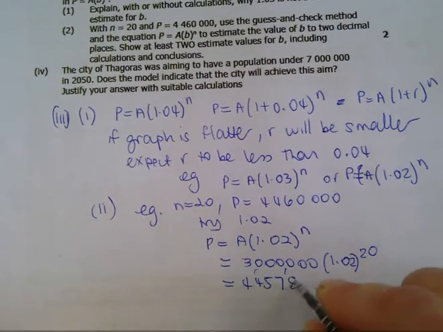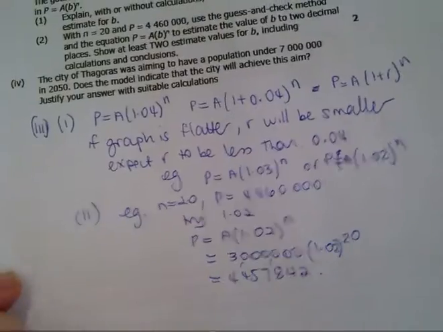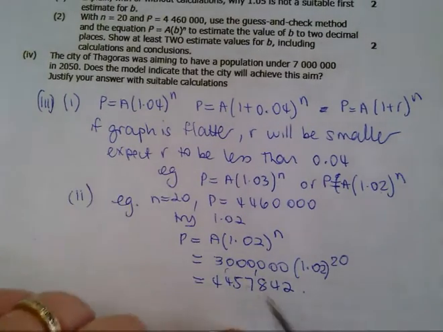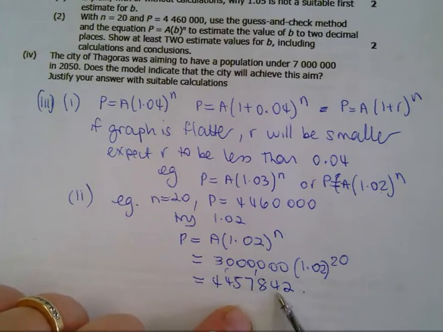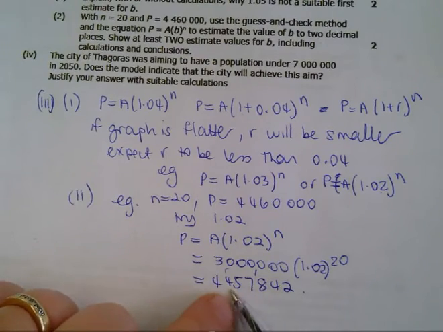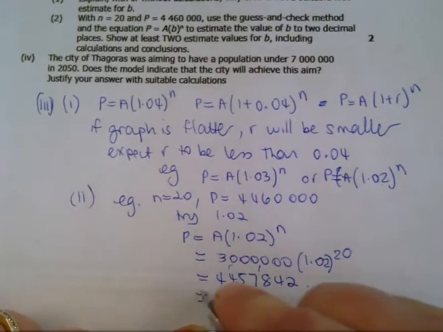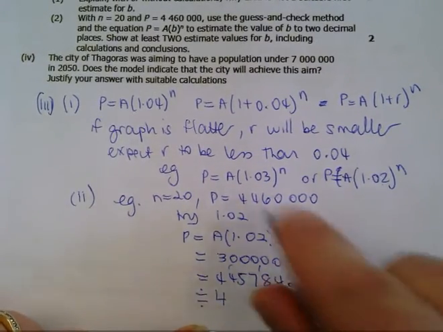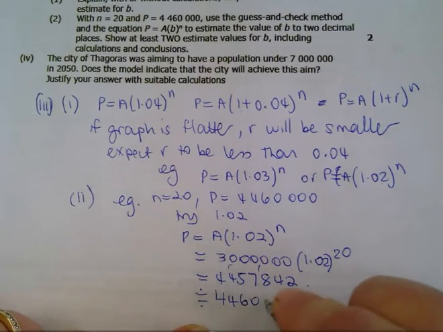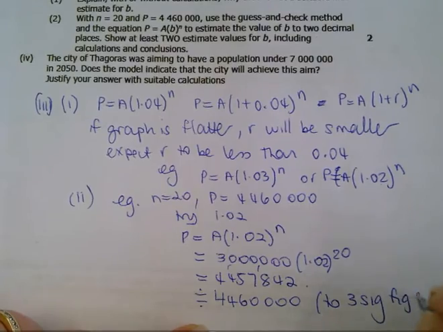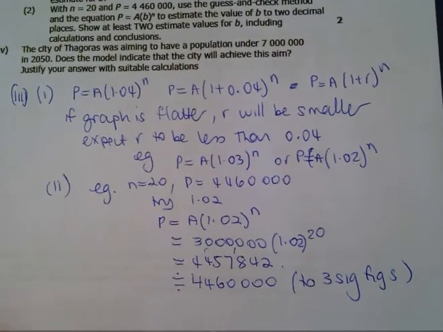4,457,800. And look, that's probably going to be the answer, because if you try 1.03, it's going to be too high. So that's very close. And look, this 4.460, if you round this off to 3 significant figures, you get that. And they only want it to 2 decimal places.